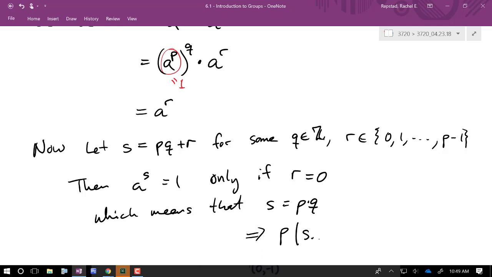If there's any other power that I can raise it to get to the identity, it'll just be a multiple of that. So we get this cyclical behavior if you just think about taking an element a and smashing it with itself over and over again to produce elements. You get this cyclical behavior for a finite group at least. If we get to 1, it'll just then start generating the same elements over and over again.